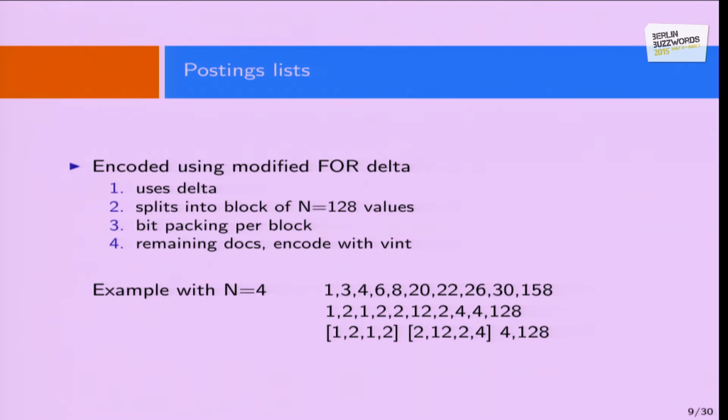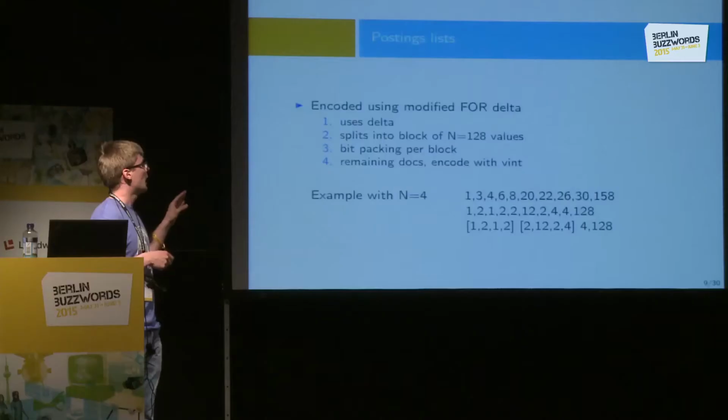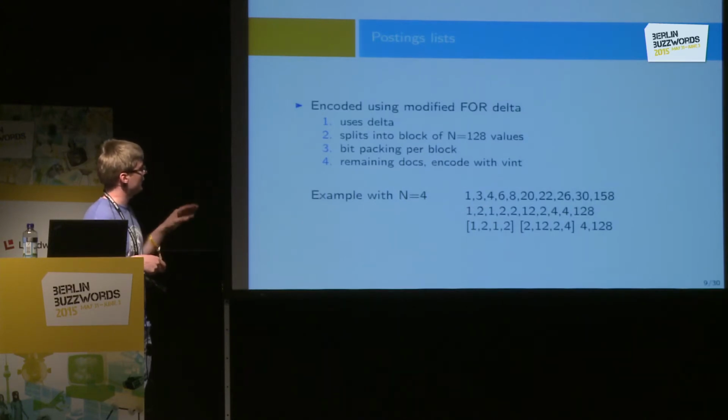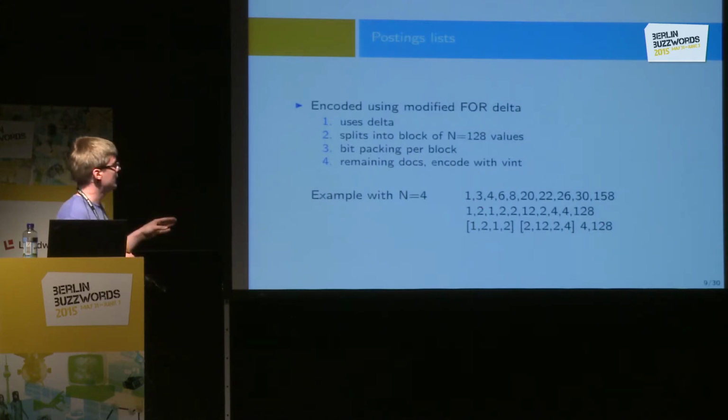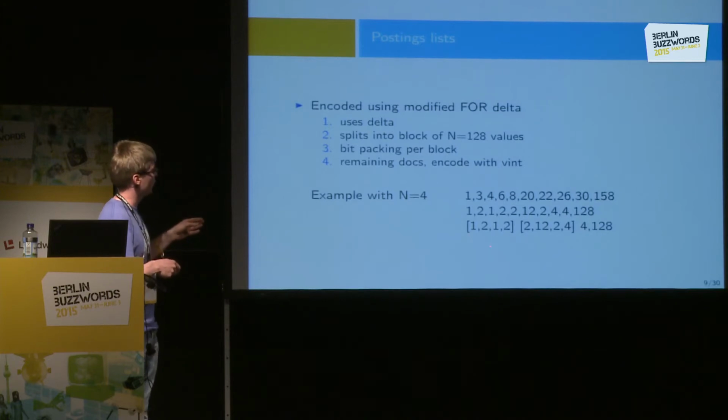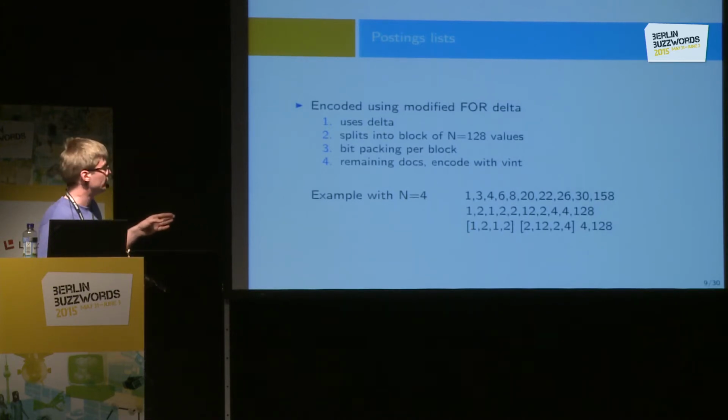In this example, we have a block size of 4. We have the following numbers: 1, 3, 4, 6, 8, 20. First of all, we calculate the deltas between each value. We store the first value, and then we calculate deltas: 3 minus 1 is 2, 4 minus 3 is 1, etc. After that, we split all these deltas into slices with 4 elements in each.